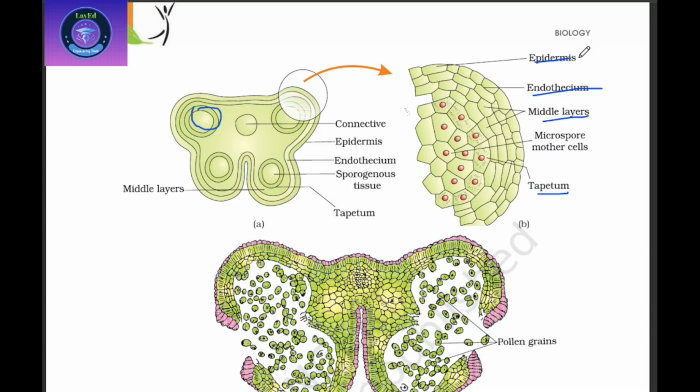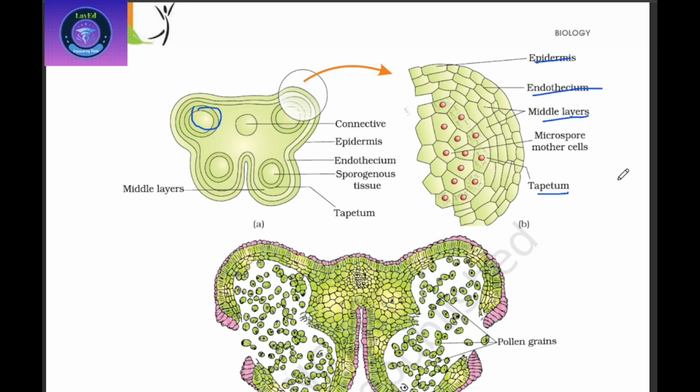Now, the tapetum's function is very important. It nourishes the developing pollen grains, being the innermost layer. And this tapetum is very rich in cytoplasm and generally contains more than one nucleus.